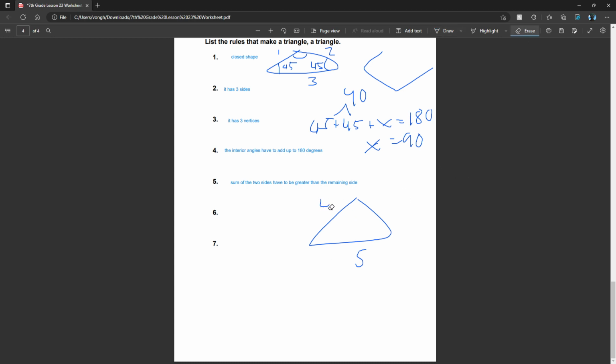But imagine if these sides were just 1 and 1 right here. 1 plus 1 is 2. That's less than 5. So if you're given sides like this, that's not going to be a triangle. Next one, the number 6. What am I missing?